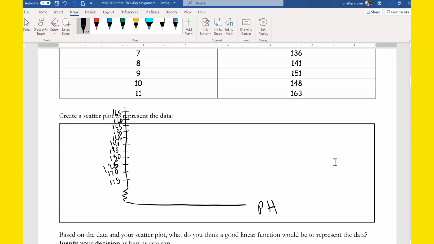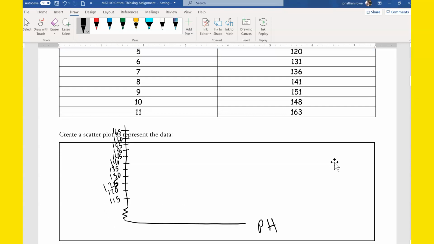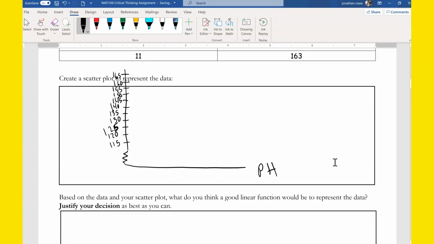And the pH just counts up to 11, so I'm just going to count by ones there. 1, 2, 3, 4, 5, 6, 7, 8, 9, 10, 11.